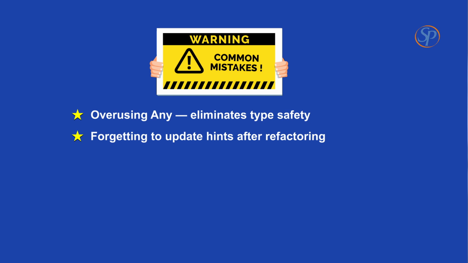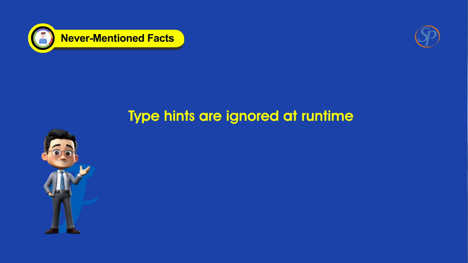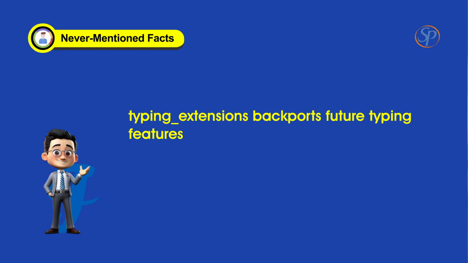Forgetting to update hints after refactoring. Assuming Python enforces types at runtime. Few hidden facts. Type hints are ignored at runtime. Python 3.11 introduced Self type. Typing extensions backports future typing features.